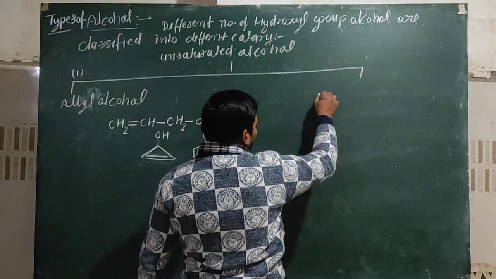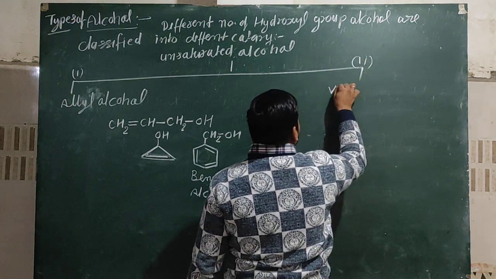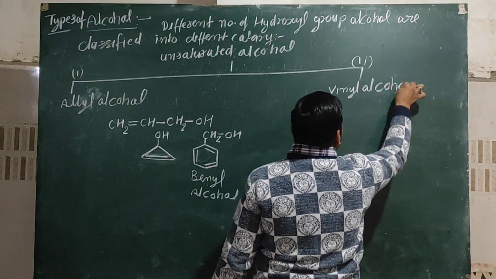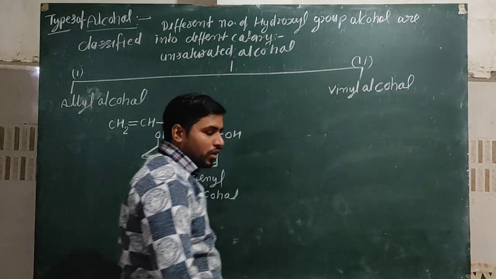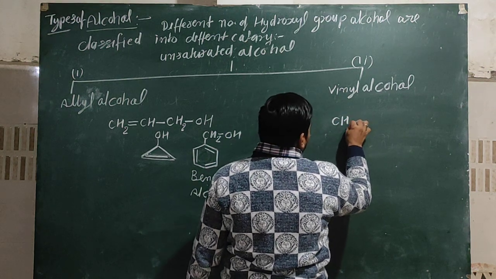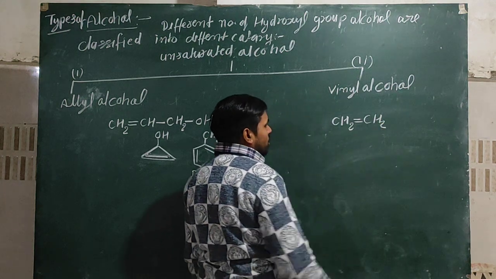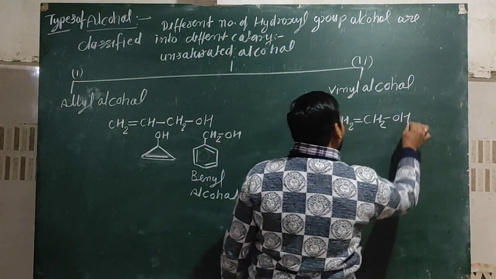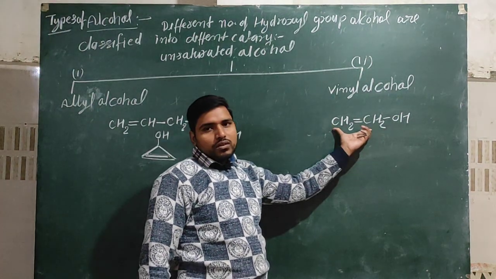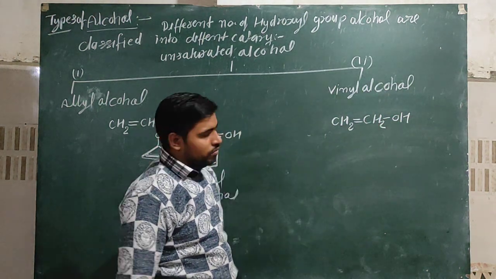Another is vinyl alcohol. What is vinyl alcohol? When the OH group is directly bonded with an unsaturated double bonded system, meaning if any OH group is directly bonded with an ethylene group, then it is known as vinyl alcohol.